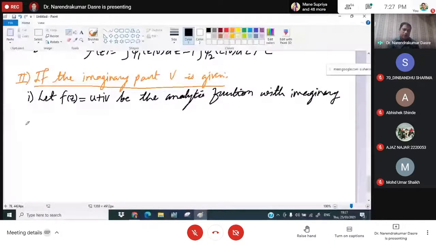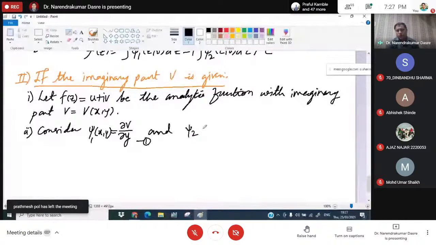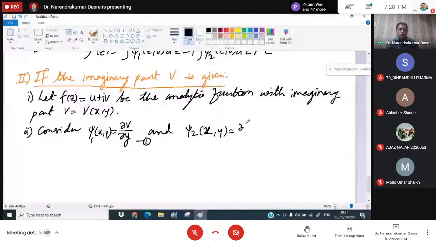Okay, now second step. Consider the first order derivative, but now we want vy first. So the derivative of v with respect to y, let's name it psi 1 of xy. So this is equation 1, and the next derivative psi 2 of xy is equal to the partial derivative of v with respect to x. Okay, let this be equation 2.